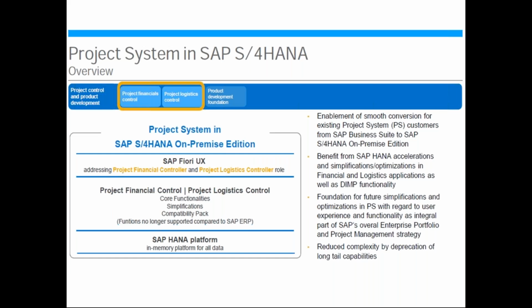I think you're already aware of the S4 HANA benefits. The major benefits, if you have basic knowledge of SAP PS, are that some tables are merged with the FICO modules, and some extra Fiori screens are provided compared to ECC, along with some other features.